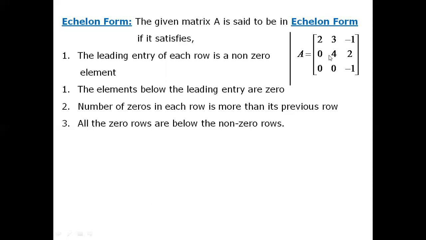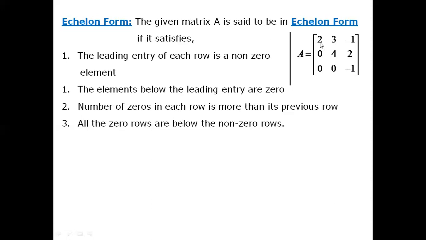For the second row, the leading entry is A22 element. And for the third row, it is A33. That means these are the elements of the principal diagonal. So the leading entries are non-zero.